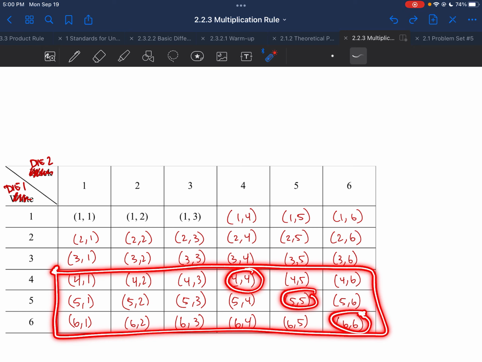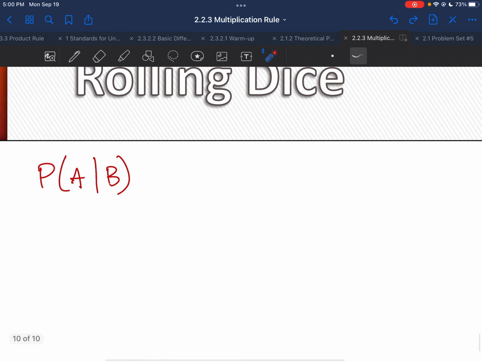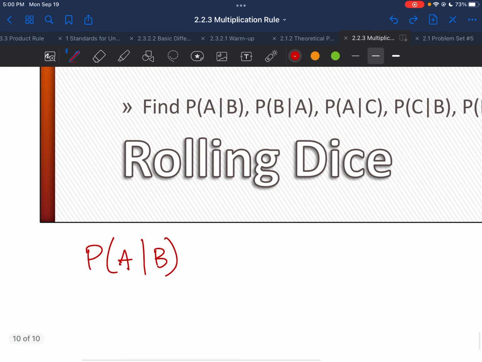I'm given that, and these 3 values within that sample space are favorable outcomes. So the probability is going to be 3 out of 18. 18 is all the values where die 1 is greater than 3, and 3 is the number of doubles within that sample space.